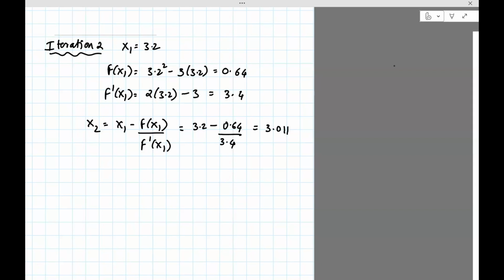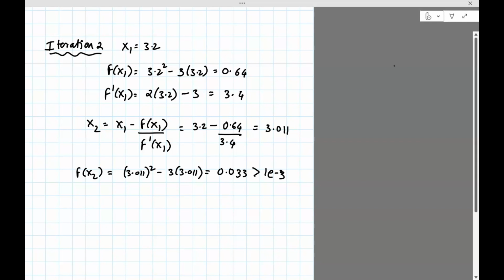Okay, so we got 3.011, but we always check if we have to stop or we have to keep continuing. So for that, I compute f of x2, which is 3.011 squared minus 3 times 3.011. Turns out that this is 0.033, which is greater than 1e negative 3.